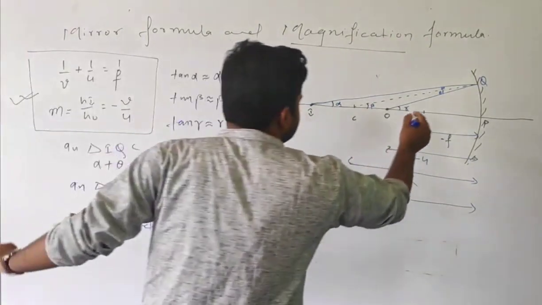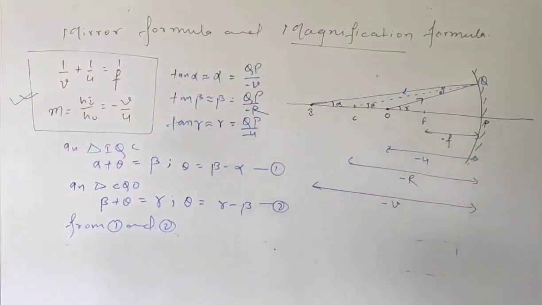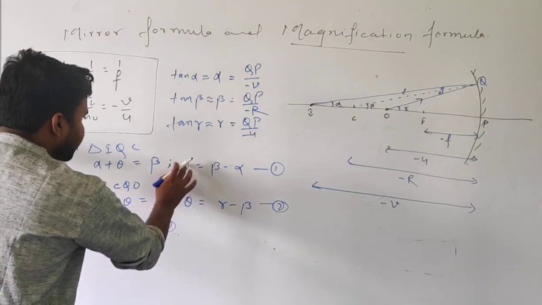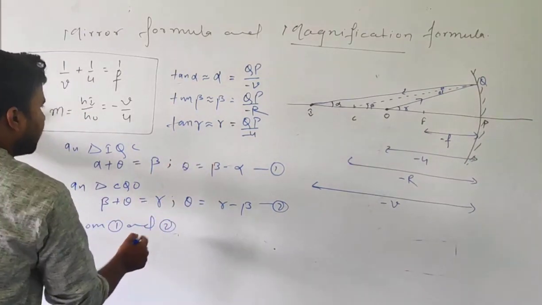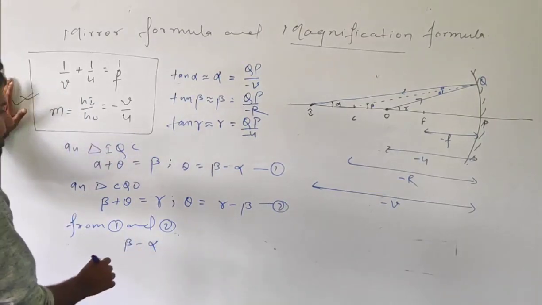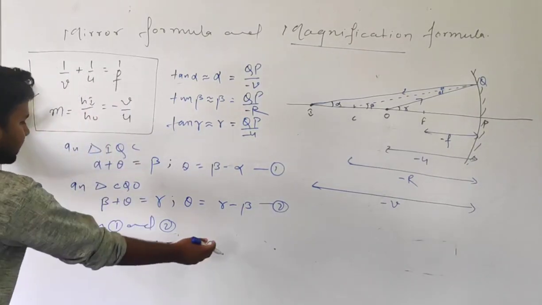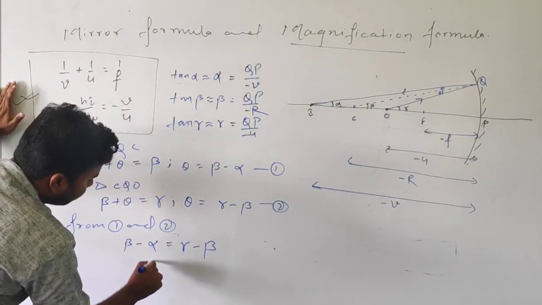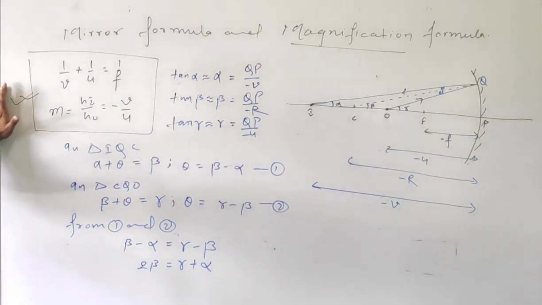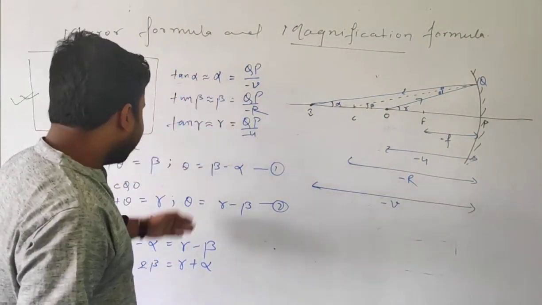The incident ray and the reflected ray make equal angles, so we can equate the two equations: beta minus alpha equals gamma minus beta. If you take this beta to this side, you will get 2 beta equals gamma plus alpha.